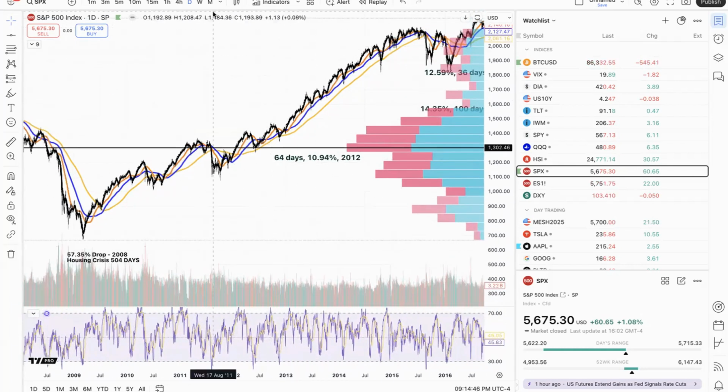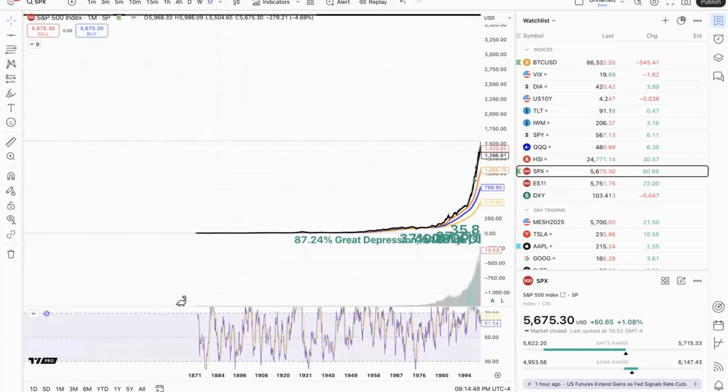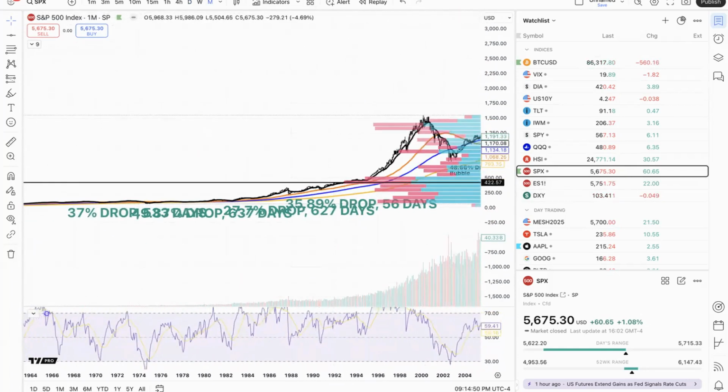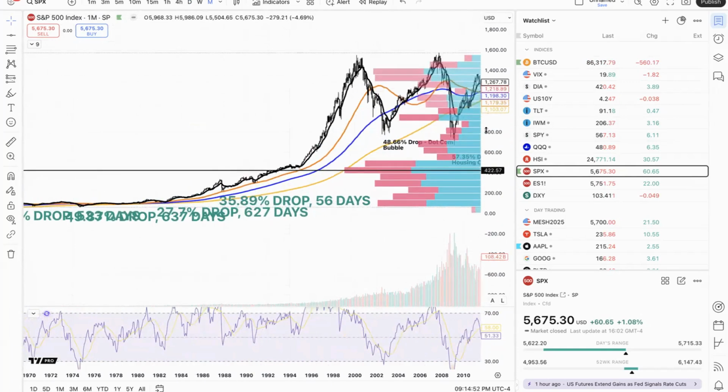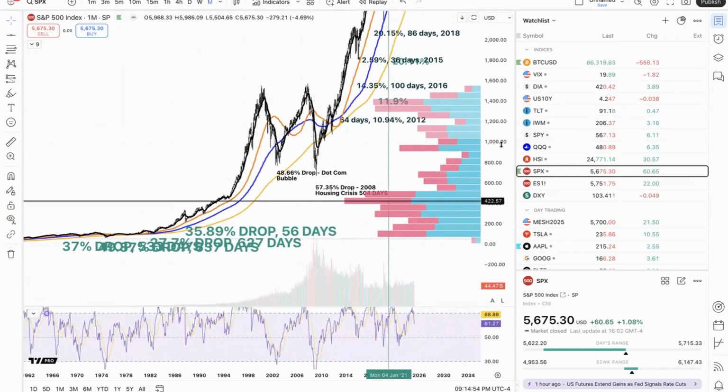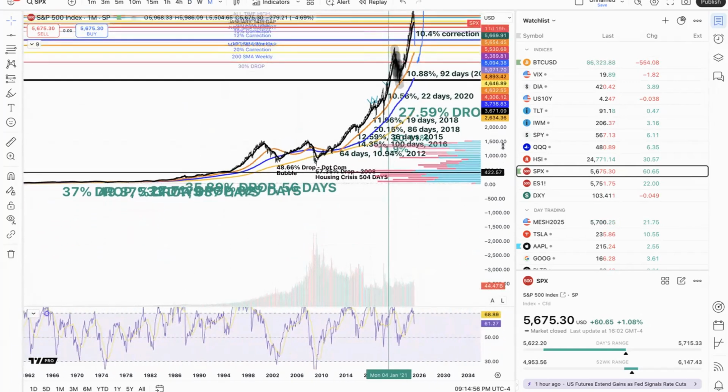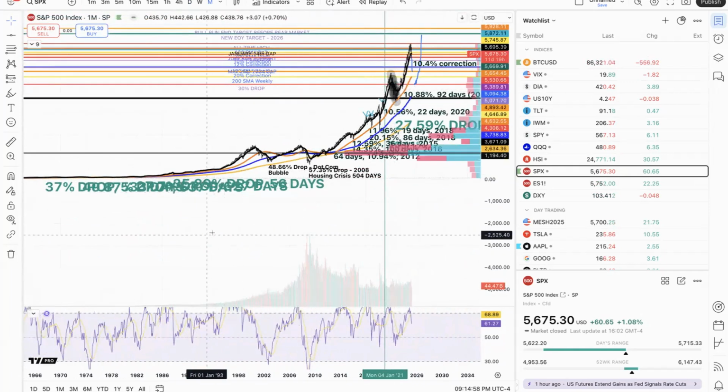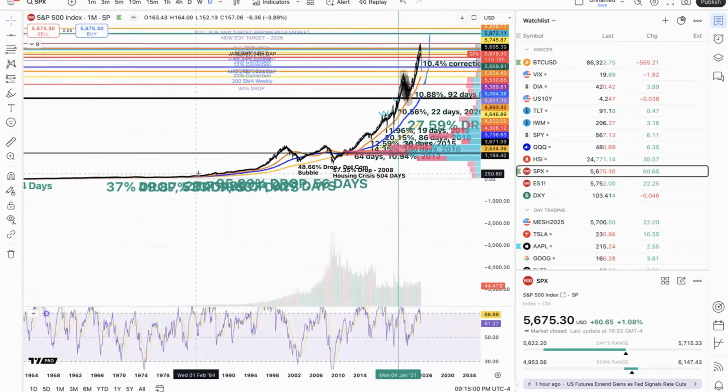All right. And so the last thing I'll show you is just here's the monthly chart on the SPX, just going back from the beginning of time. And you could see, and I know my chart's a little messy, the market goes up. All right.